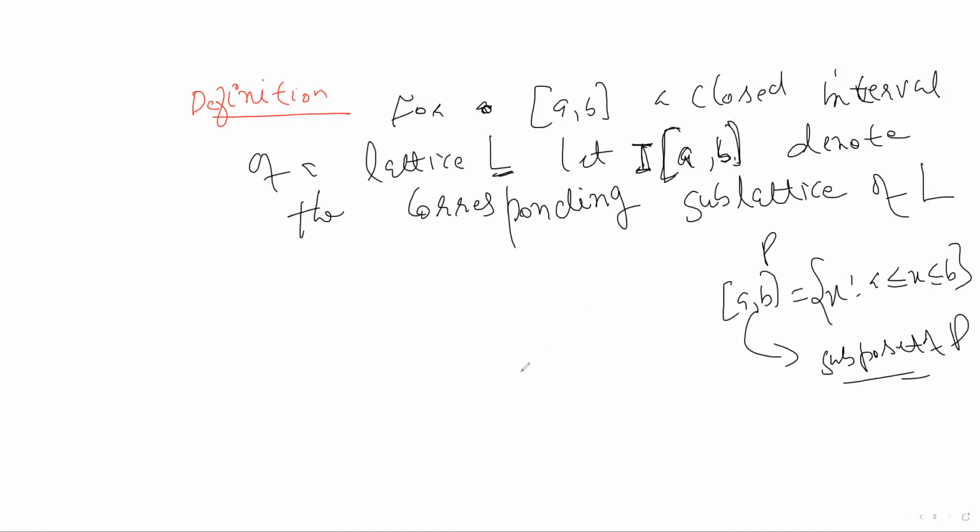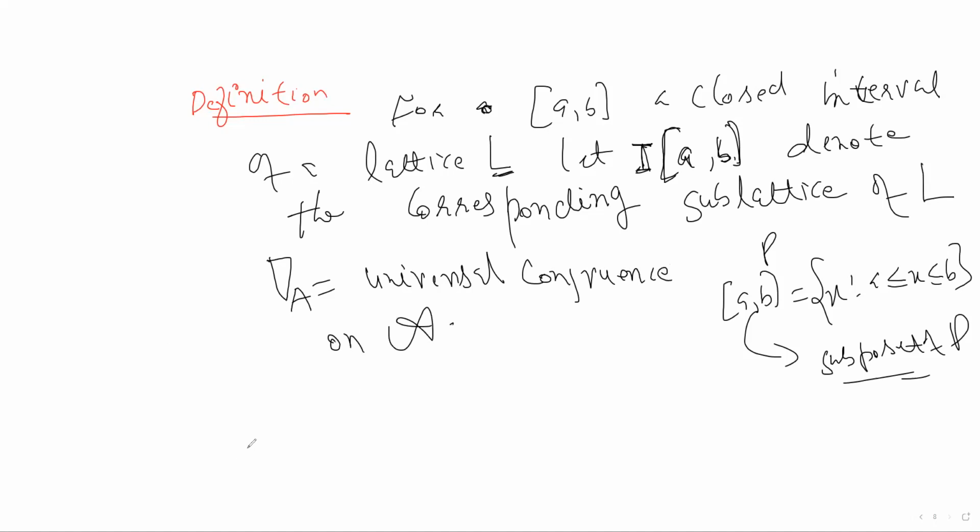Okay, and we know that delta A is what? It is the largest equivalence relation on A, largest congruence on A. Okay, it is the universal congruence on algebra A, means it contains all the congruences.